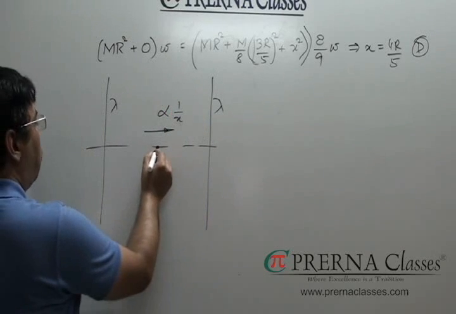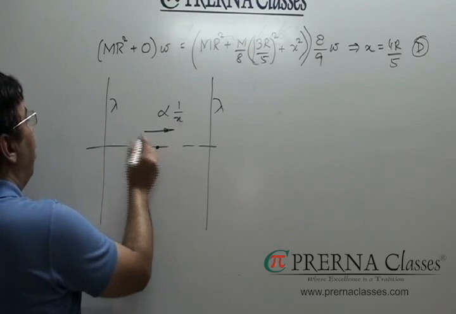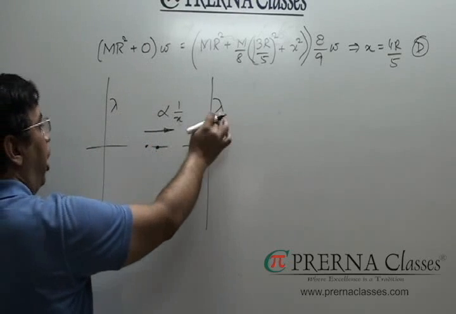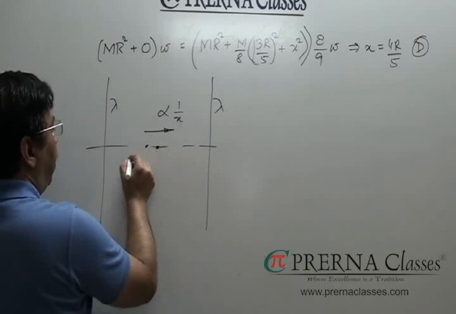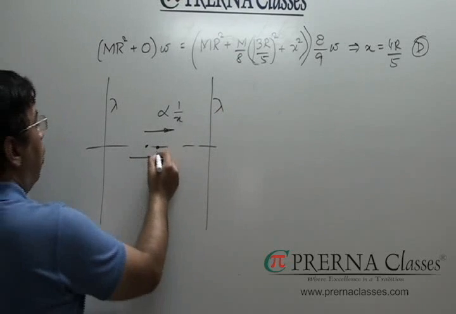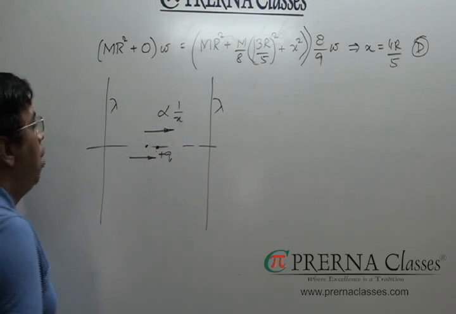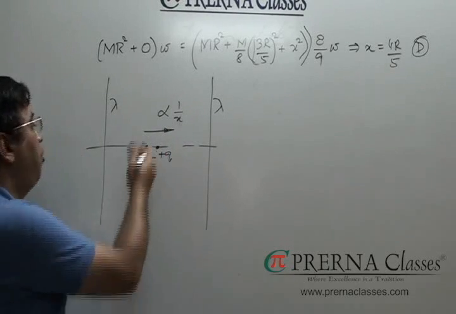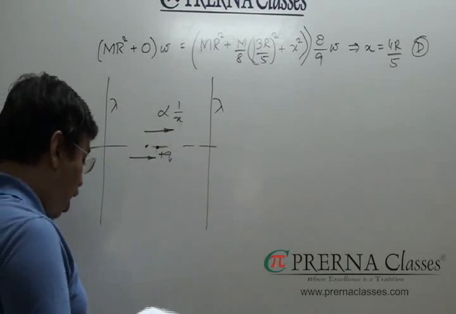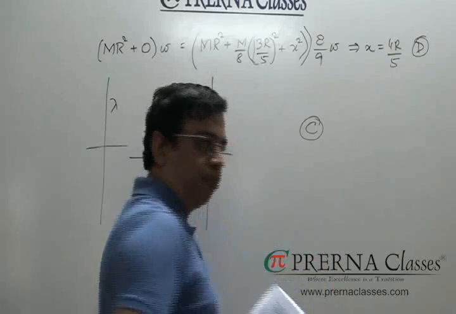Clearly then, if I consider a point here, the electric intensity at this point due to this lambda is going to be greater as compared to this, and therefore the net electric intensity is going to be this way. In other words, if this were to be a positive charge, it will experience a force this way and perform SHM. If it's a negative charge, it will simply move along the direction it's displaced, thereby giving you the answer as C.